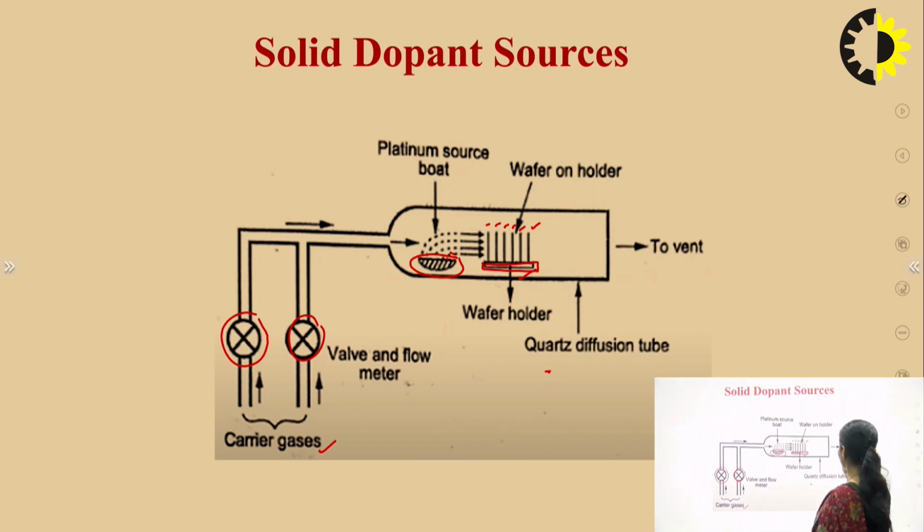This boat is basically holding the solid dopant. This is the diffusion tube. Inside this diffusion tube, both the boat and the wafer arrangement are placed, and all the exhaust gases are sent out of this system. Let's discuss the working.